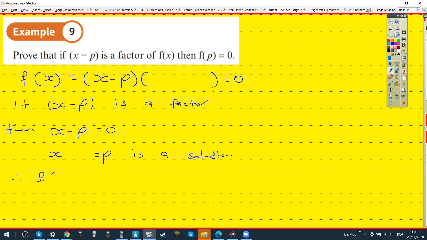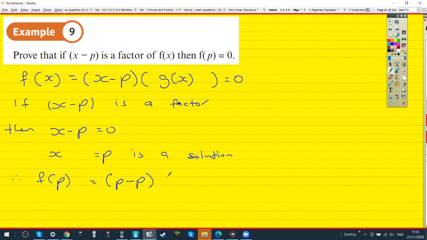Therefore, the f of p, if I put it into this bracket here, what would it be? It would be p minus p, and then the other bracket I'll just call the g of x.